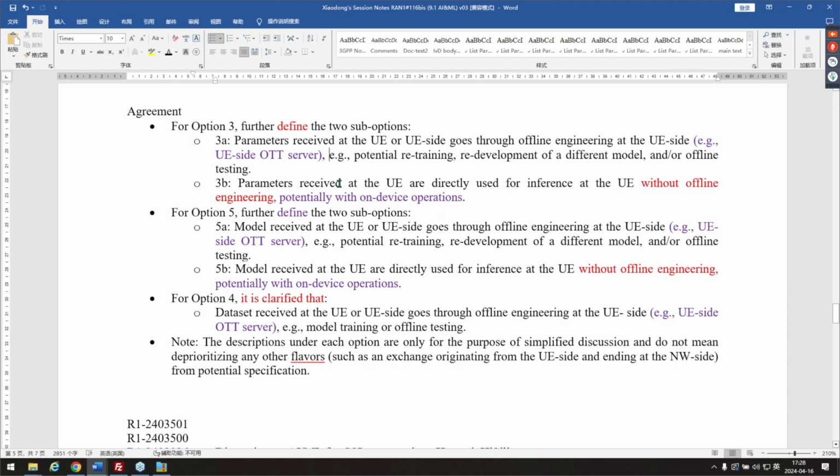What data set? That is offline engineering means this one, right? That is the example.